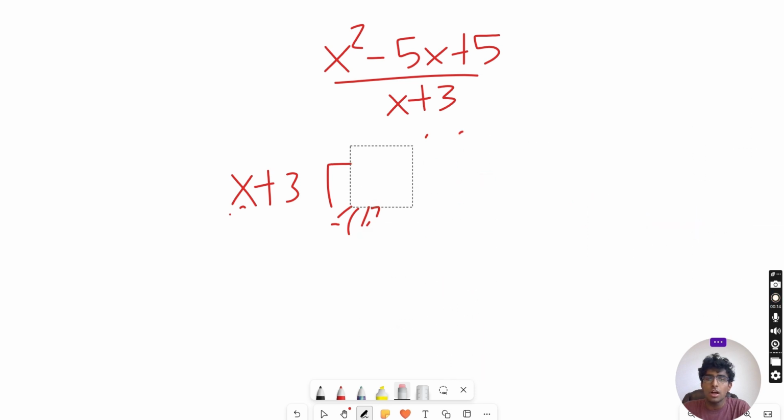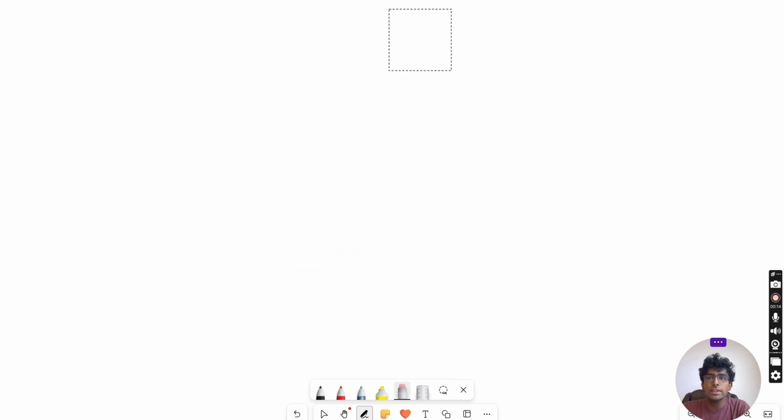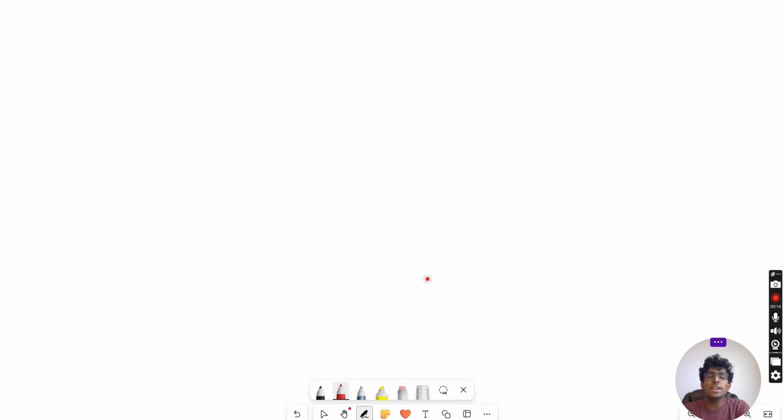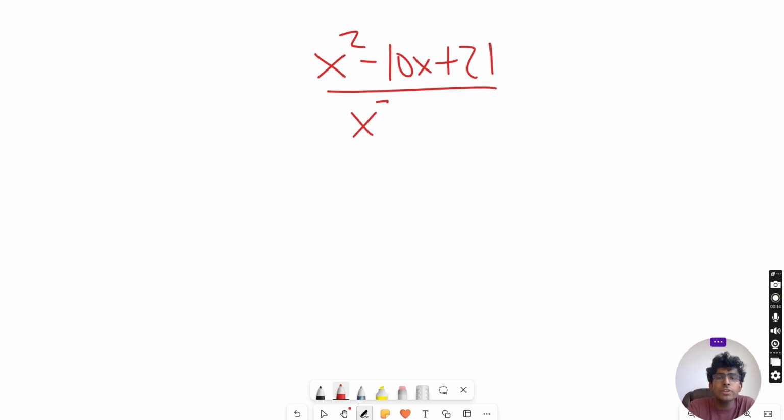All right, let us move on to the next topic of operations with rational expressions. So for these ones, it comes down to being able to cancel out factors, for example, if you have two polynomial expressions in the numerator and denominator. So let's say we have x squared minus 10x plus 21 over x squared minus 6x plus 9.